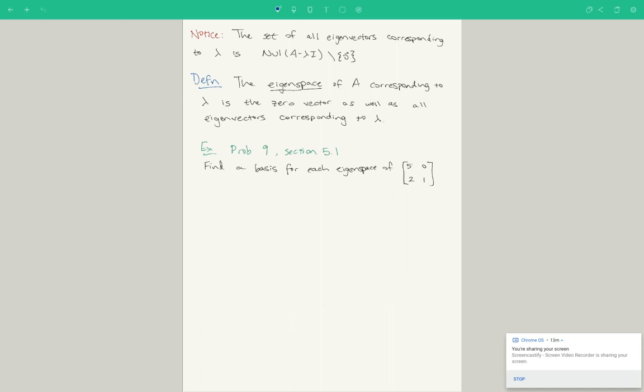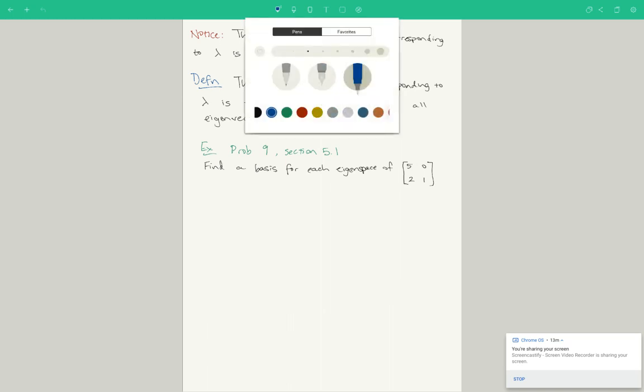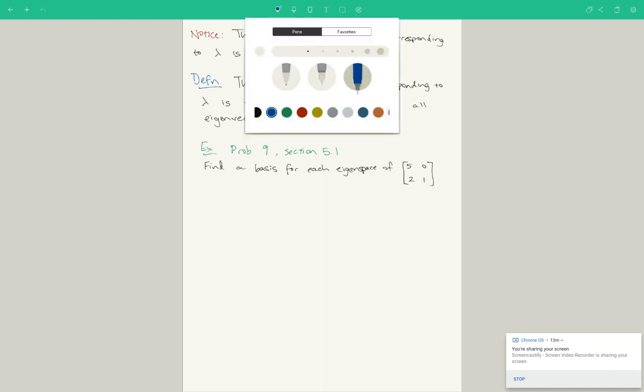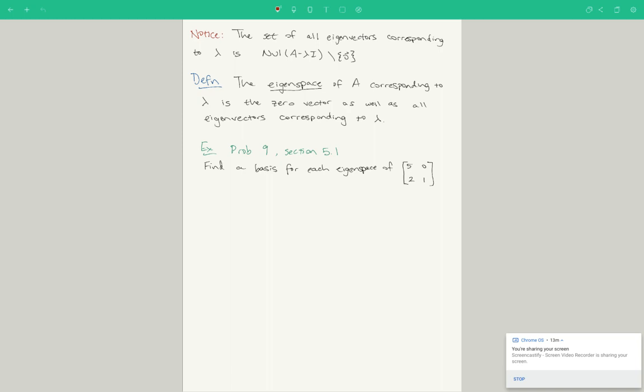So let's take a look at what this might look like. This is problem 9 from section 5.1. And we're trying to find a basis for each eigenspace of this matrix A. So first of all, we need to find eigenvalues. But this is a triangular matrix.